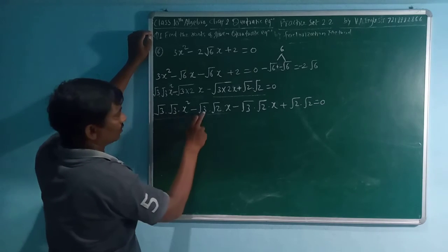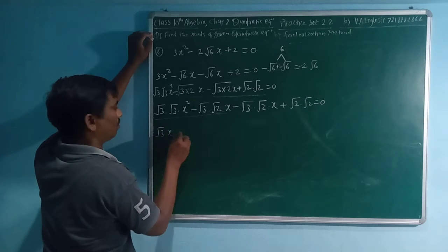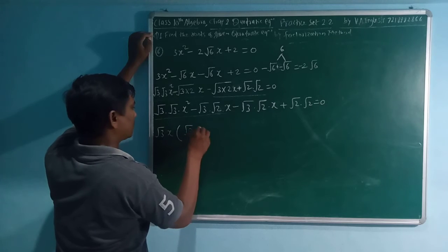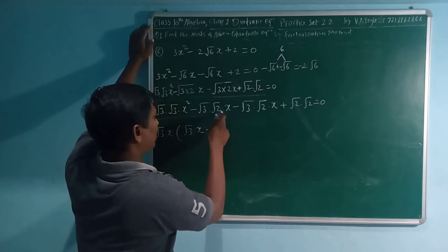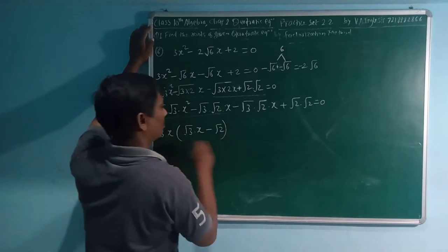Now look at this, these two terms, what you can take common? Root 3x can be taken as common, so what will be there? Here will be root 3 into x minus here will be only root 2 because you have taken root 3x as common.